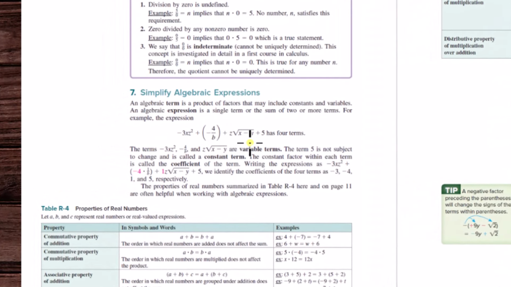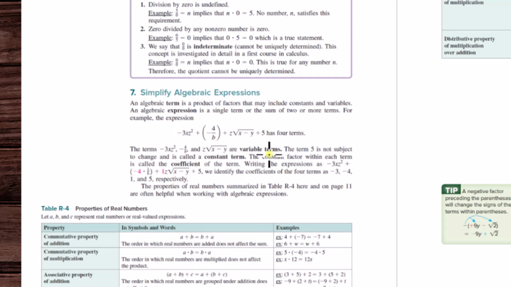This expression has 4 terms. An algebraic term is a product of factors that may include constants and variables. So technically the number 5 is an algebraic term, but when we think about an algebraic term, we're thinking about something that has variables in it. But this is not a term, this is an expression. You're adding 2 terms.